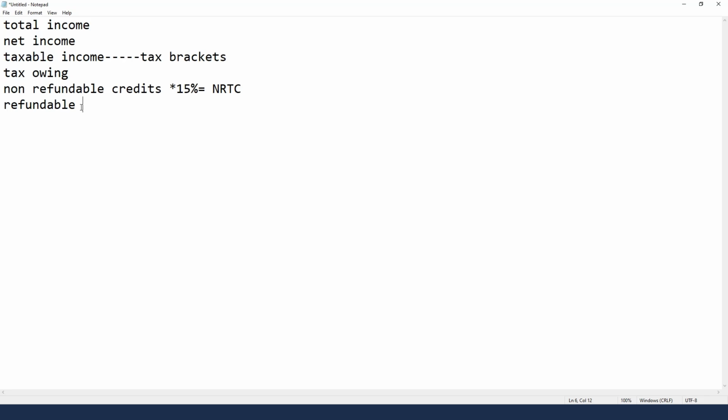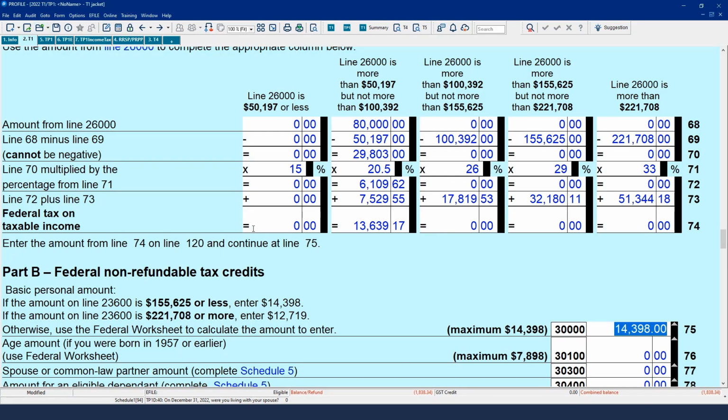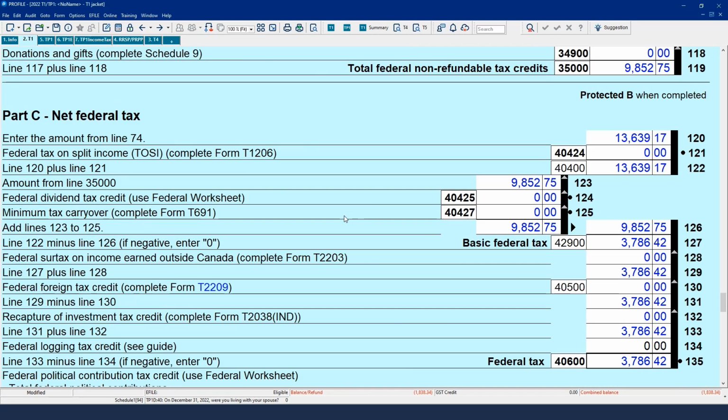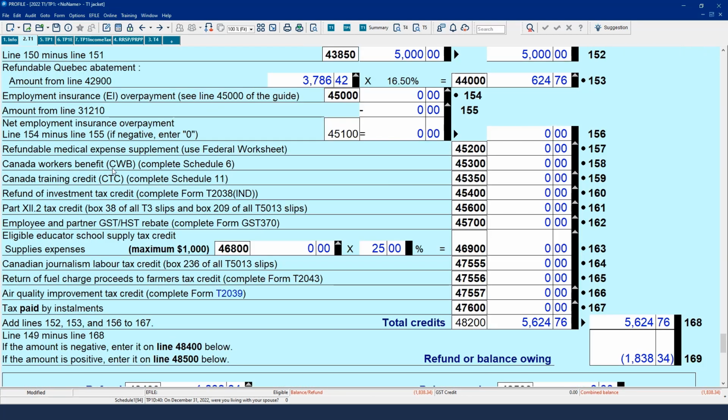You can get a refund with your refundable tax credits. An example of a refundable tax credit: let's go to the form here and look at a few. On the T1, if you go on the refundables, you've got your Canada Workers Benefit, your Canada Training Credit, your eligible educator school supply tax credit. So you can get these refunds without actually having taxes owing.